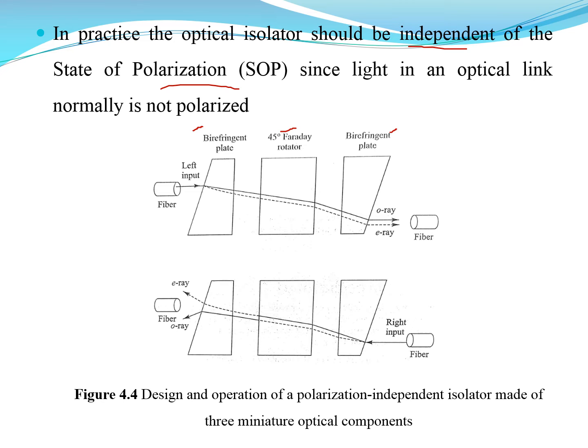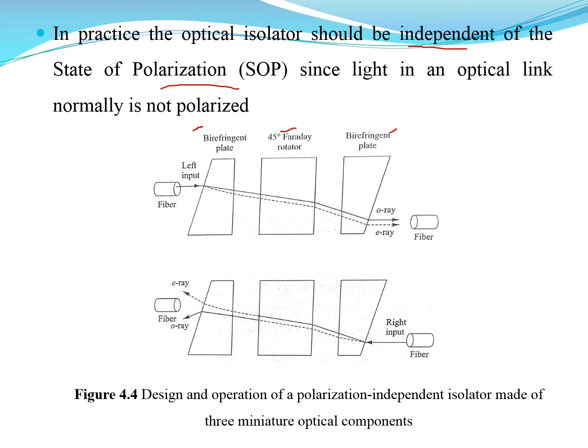Once it enters the 45-degree Faraday rotator, the components of the light are rotated by 45 degrees, and again they pass to a birefringent plate. When it passes through the birefringent plate, the rays get separated and are parallel to each other entering the optical fiber.